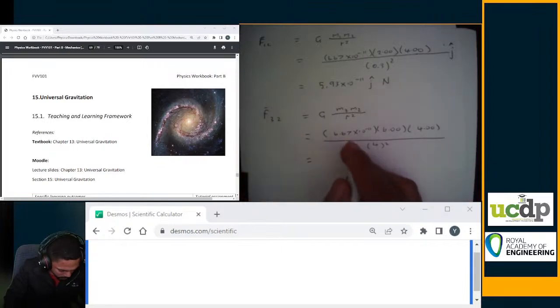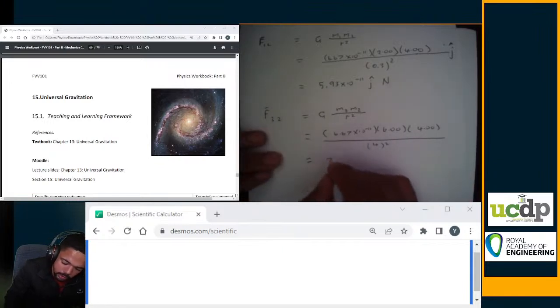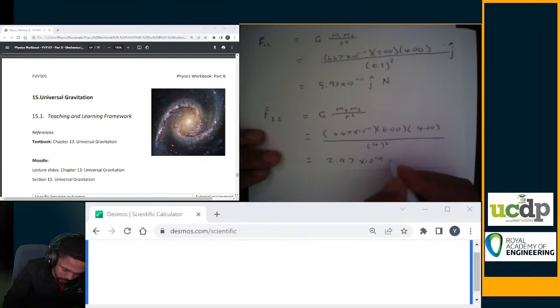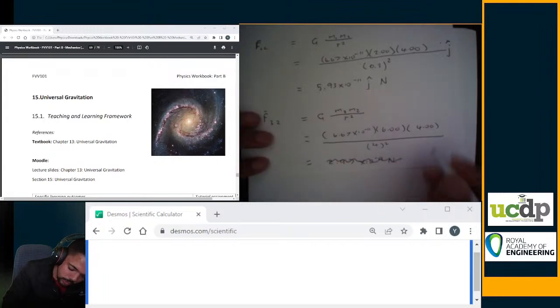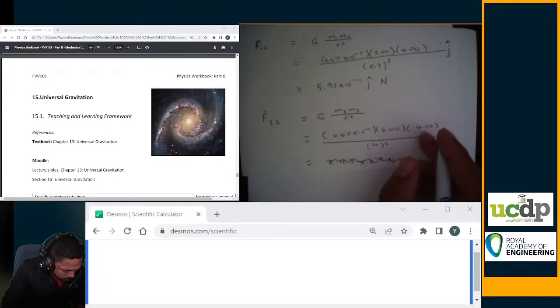That gives us the answer of, if I calculate it correctly, 2.97 times 10 to the negative 9 newtons, or no, sorry, that is the wrong one. I wrote the wrong answer. I have so many problems here.